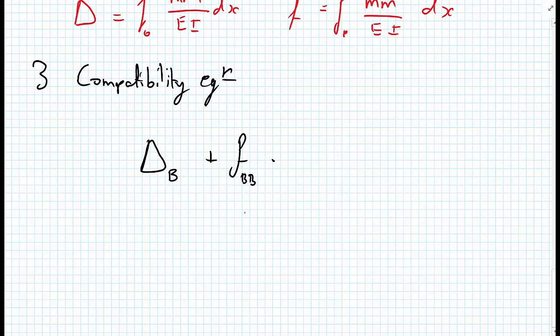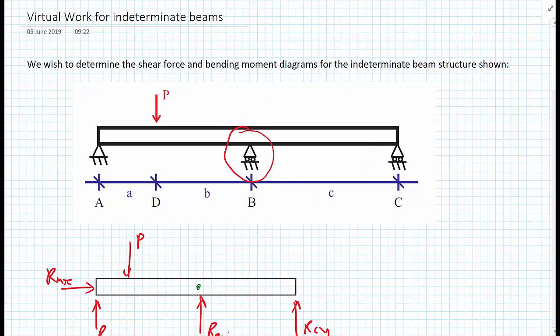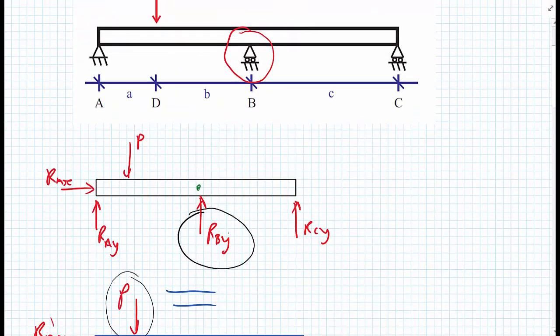This is for a unit load, so we want to multiply it by a real load that will eventually get us to 0, and this real load is actually the real reaction RBY that occurs in the real structure. So this is the structure right back at the start, and so is this reaction force here RBY.